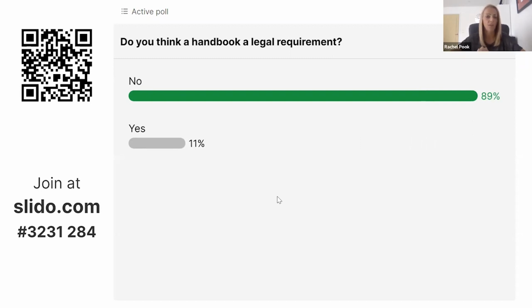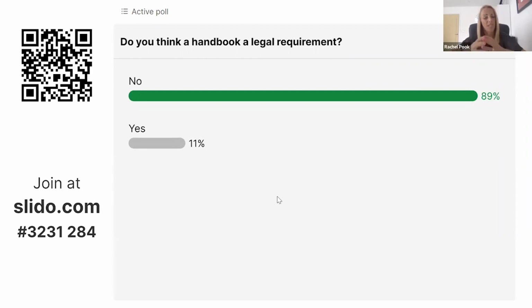However, there are certain things you must provide to your employees. If you have more than 5 employees, you must have a health and safety policy. If you have just 1 employee, you must provide them details on disciplinary, grievance, holiday pay and sickness pay, even if that's statutory, and any other paid leave.